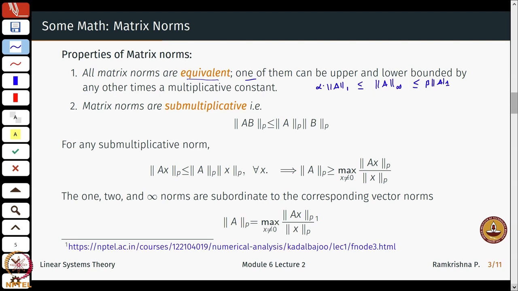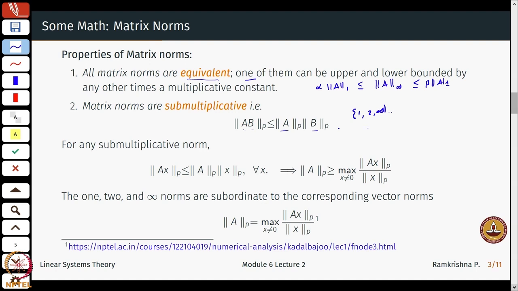Okay. Another important property is the submultiplicative property, right. So, if I have two matrices A and B, the submultiplicative property says that the norm of A times B would be less than or equal to the norm of A times the norm of B. The norm could be whatever, the 1 norm, the 2 norm, the infinity norm and so on. Okay.